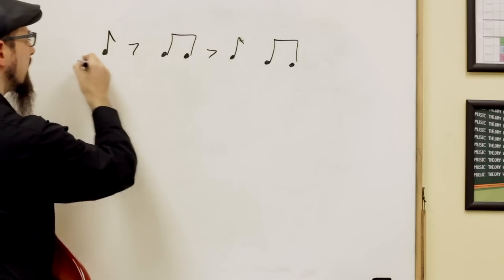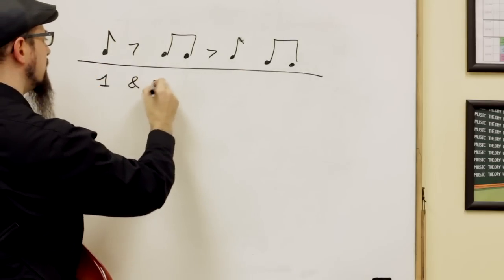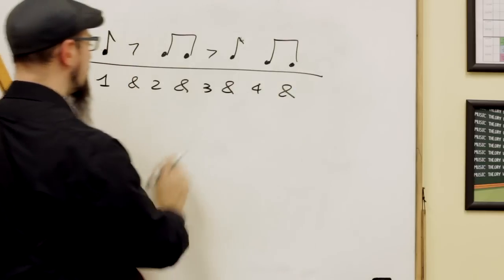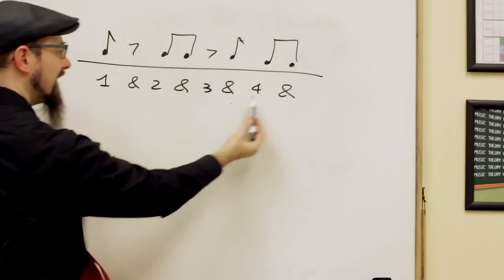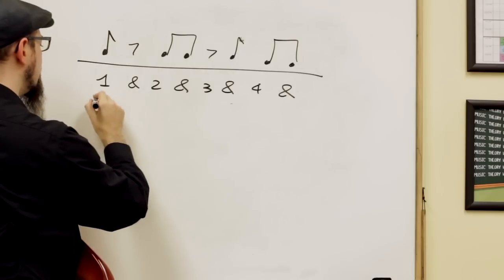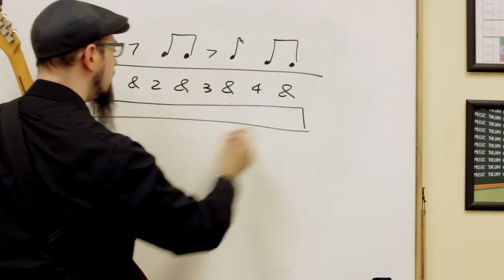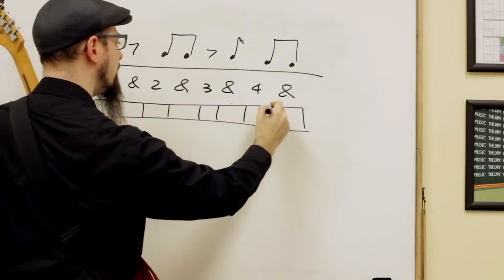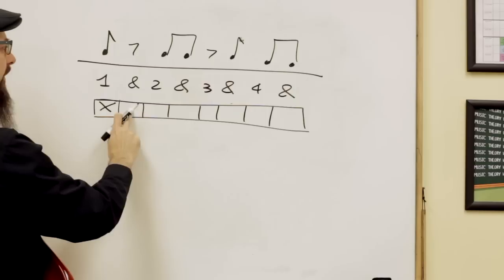I'm going to simply think of these as 1 and 2 and 3 and 4 and. So I have the beats 1, 2, 3, and 4, and the upbeats, and I'm going to think of it essentially as a series of moments in time in which I can put a hit or nothing.